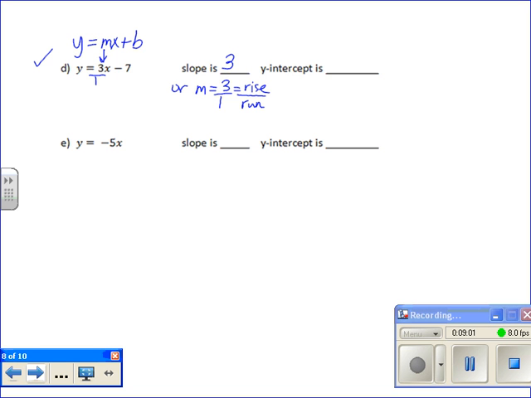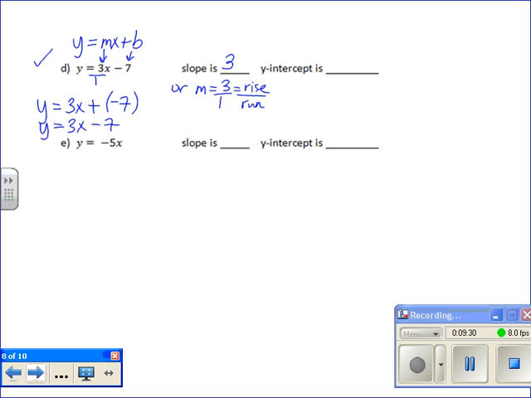That tells me that my rise is 3 and my run is 1. And what's the y-intercept? This time I have b equal to -7. I've got to subtract 7. If I were to work backwards, if I had looked at a graph, I would have seen that I had -7 as my b value. So I would have put in y equals 3x plus -7, which simplifies to 3x minus 7.